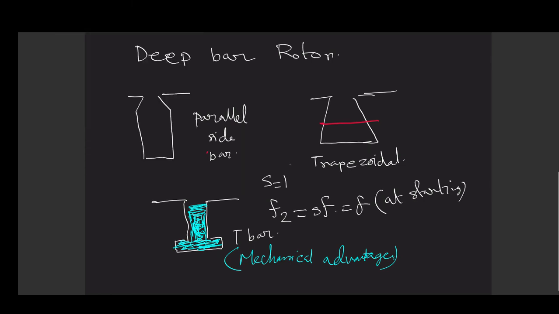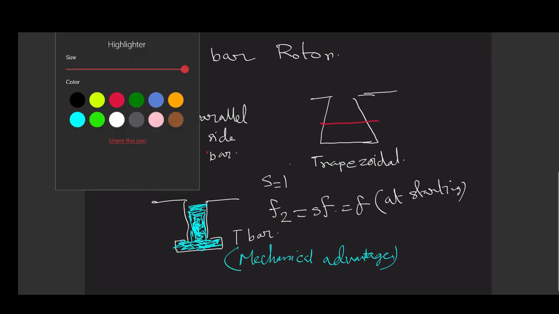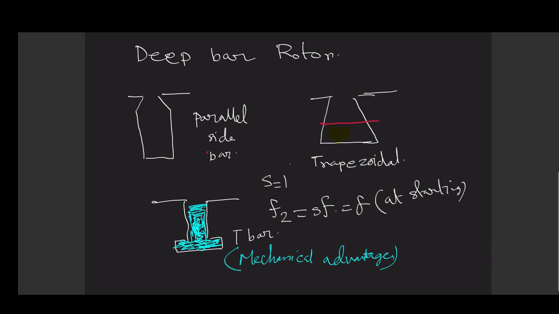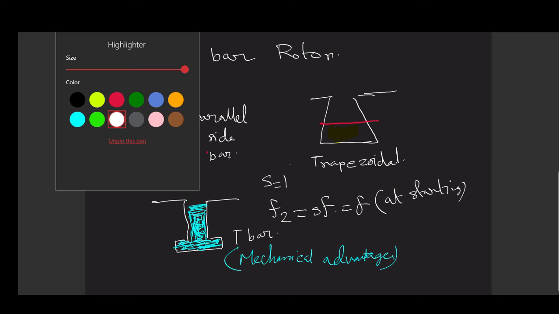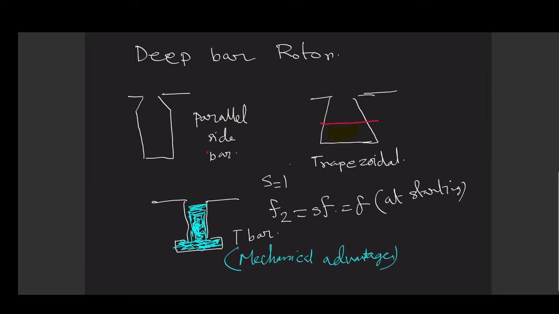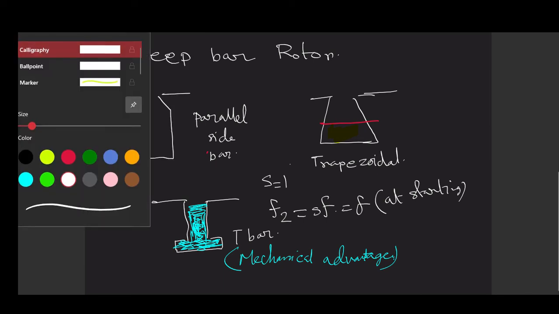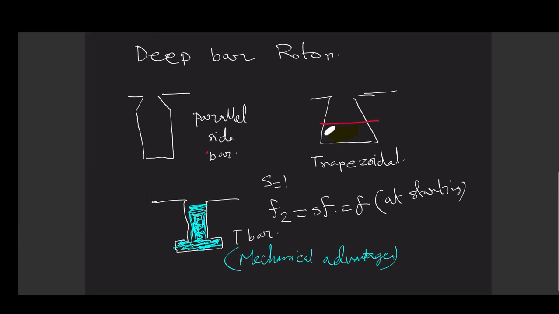conductor that lies in this region, what is happening here, the conductor that lies in this region, here this white shaped region.